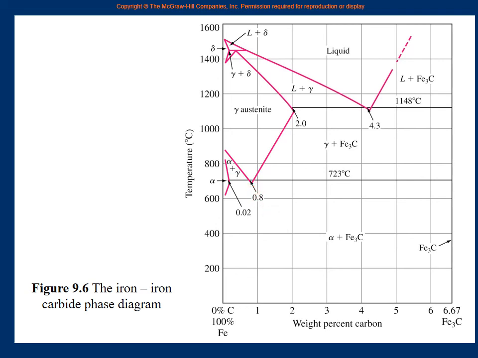So now we can call it a binary eutectoid phase diagram, if you like. Binary because iron and carbon are the only two materials that we are combining. But it is not isomorphous, it is not simple eutectic, it is eutectoid.